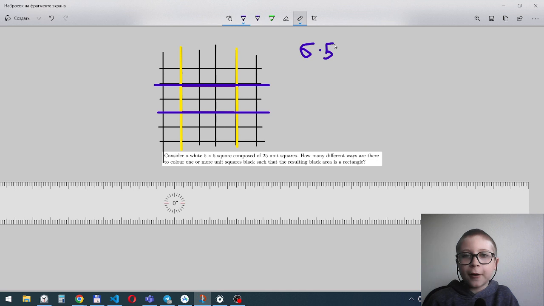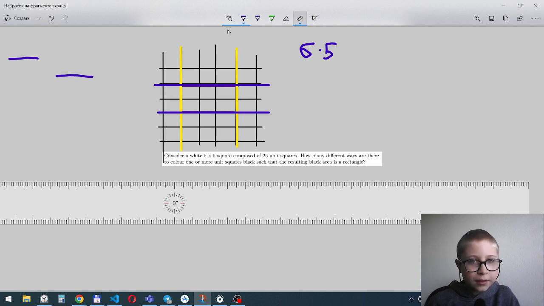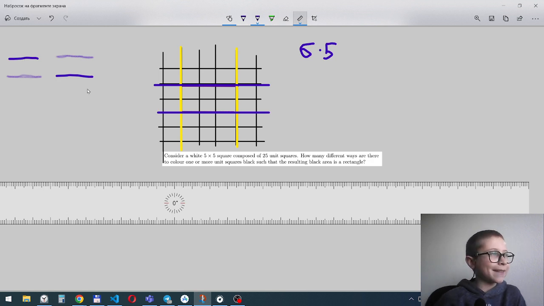However, there is a small problem. I'm gonna be using different shades of purple for this. On drawing, if we ignore the color, these are the same sets of lines.